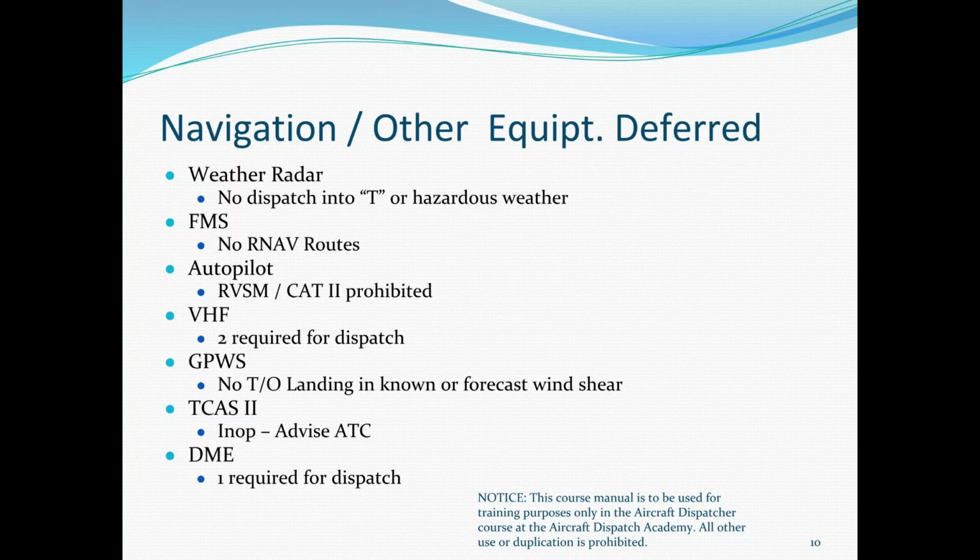I mean, it's going to be basically the same. So these are the main ones that we will see in dispatch as we are out there, regardless of where we're at. So that's pretty much it.